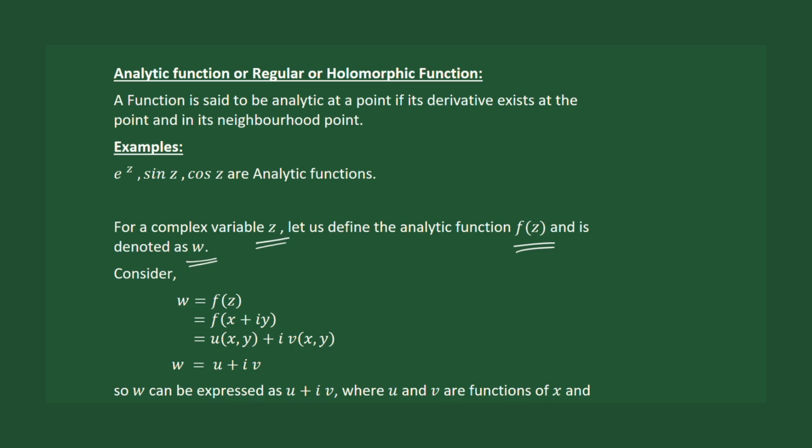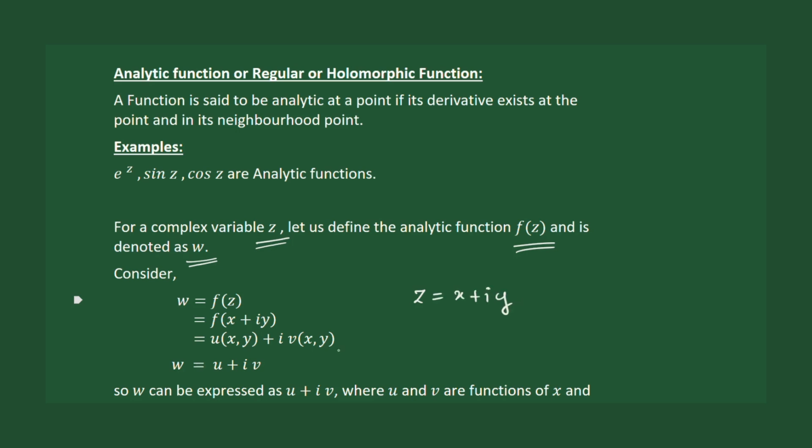That is, here we are using another symbol w, so that we can write w is equal to f of z. Since we are writing w is equal to f of z, and already we know z is a complex variable, z can be written as x plus iy.